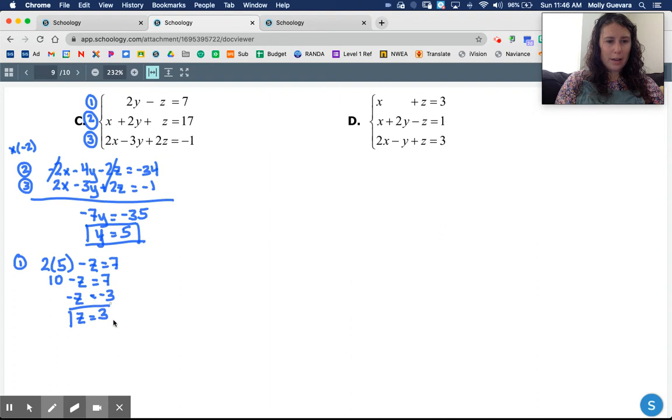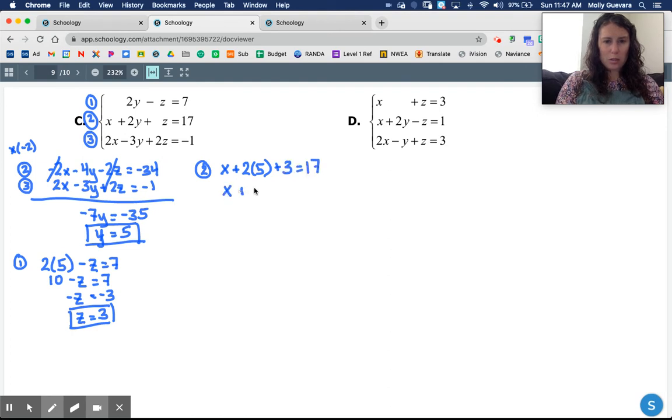So now I have y and z. The only thing I need is x. I'm going to go with equation 2. It seems like the easiest one to find x, but again, your choice, right? So equation 2: x plus 2 times y, so 2 times 5, plus z, which is 3, equals 17.